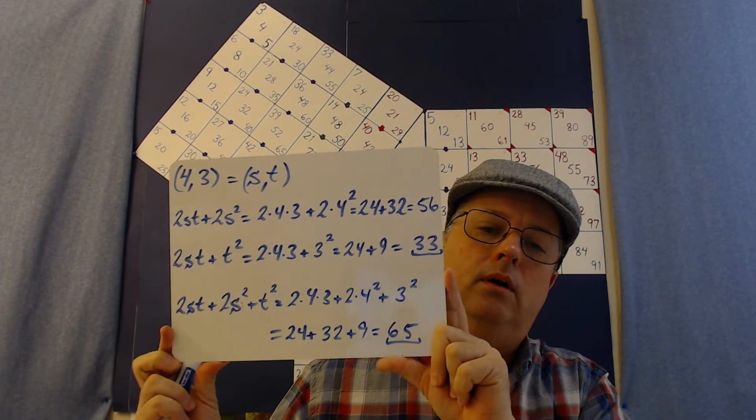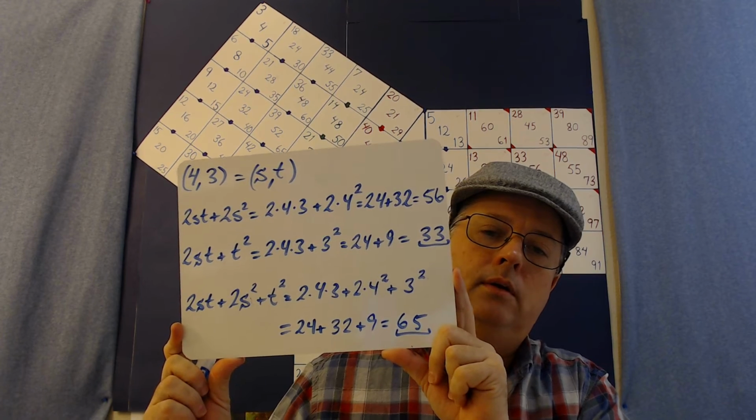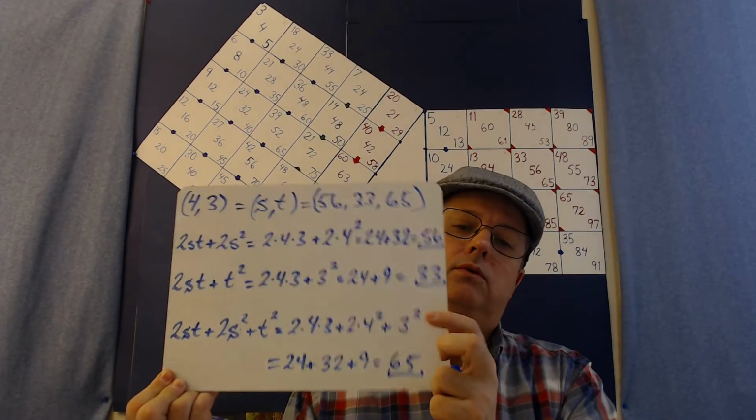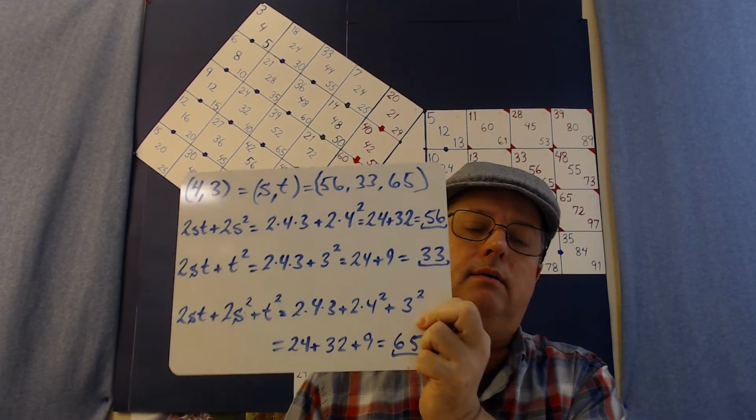And so this is a pretty cool Pythagorean triple here. And we're not going to write it in numerical order this time. We're going to write it just as it happened here: 56, 33, 65. Because Mr. O'Donnell happens to like palindromes.